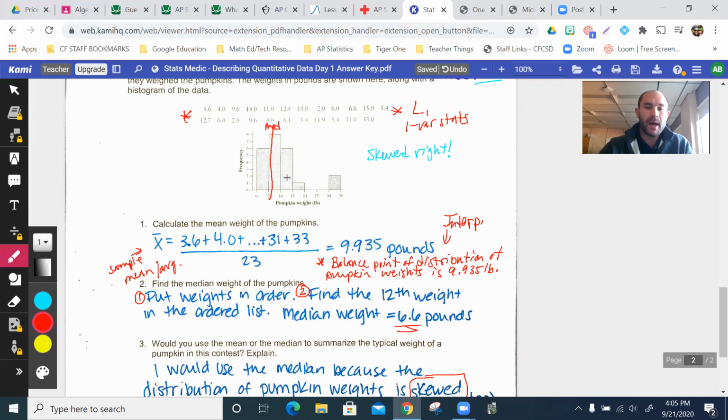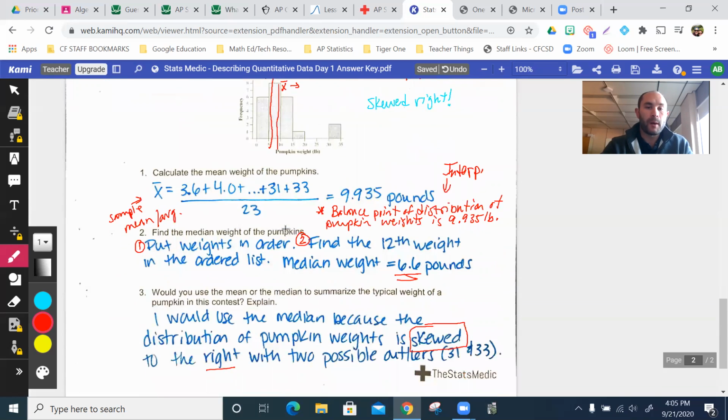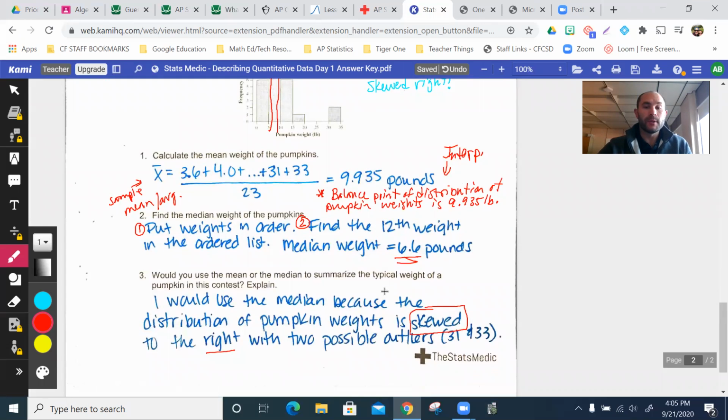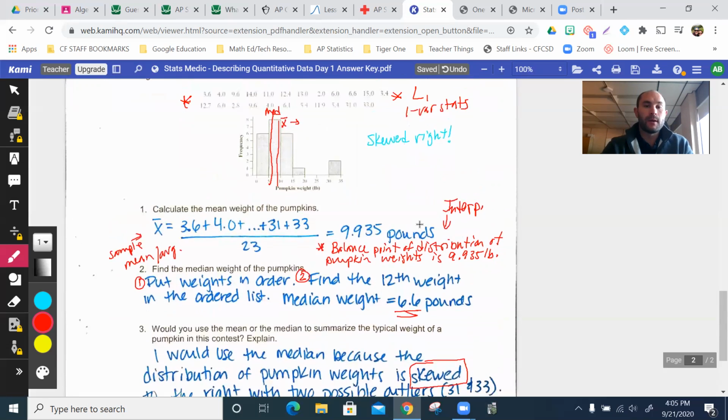Where's the mean? The mean is 9 point something, over here a little bit more. So the mean gets pulled this way towards these higher numbers. So the median is a better representation of what a typical pumpkin weight actually is. It's closer to 6.6 pounds.